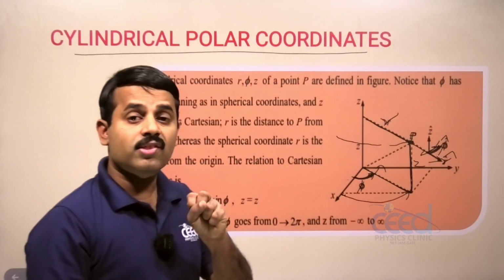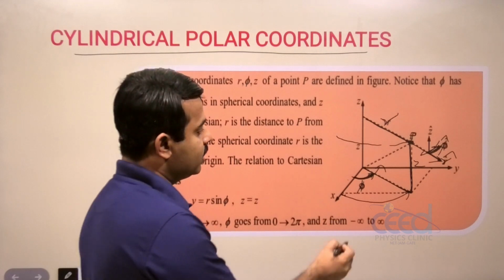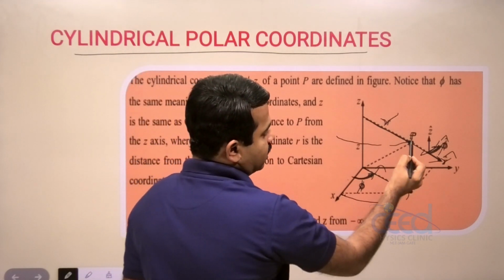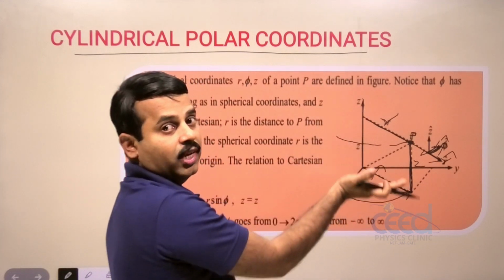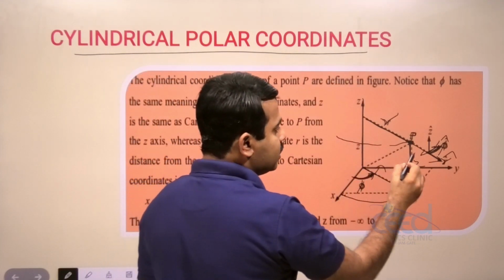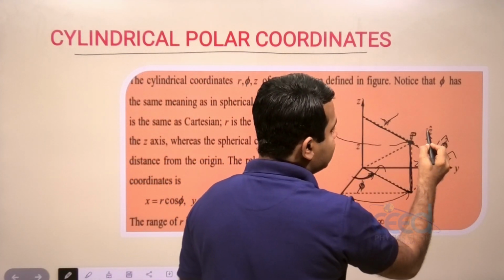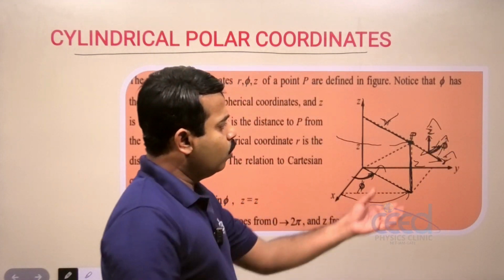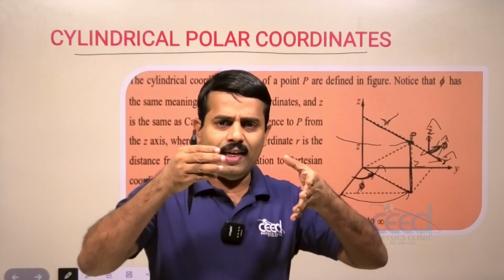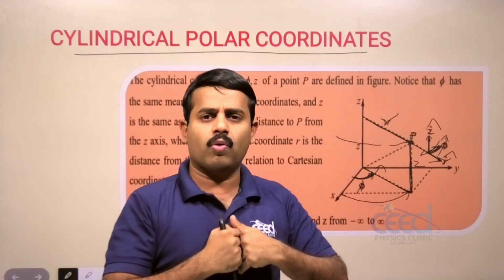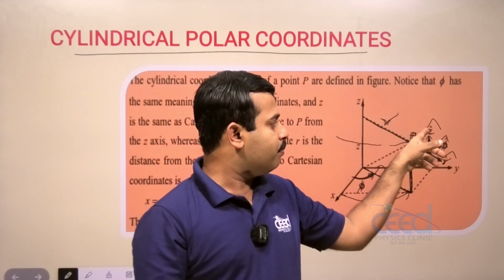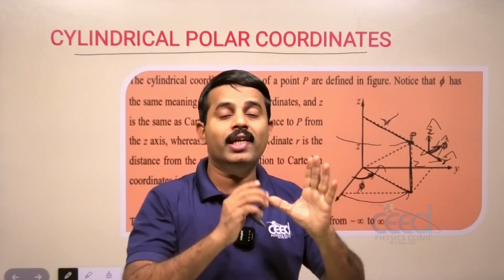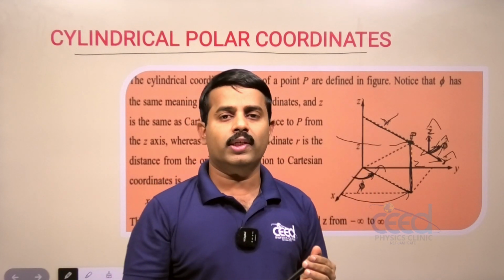And in which direction is z increasing? The height we selected is along this axis of the cylinder. So z cap is increasing in this direction. Now look, like x cap, y cap, z cap in the Cartesian coordinate system, r cap, phi cap, z cap are all mutually perpendicular to each other.